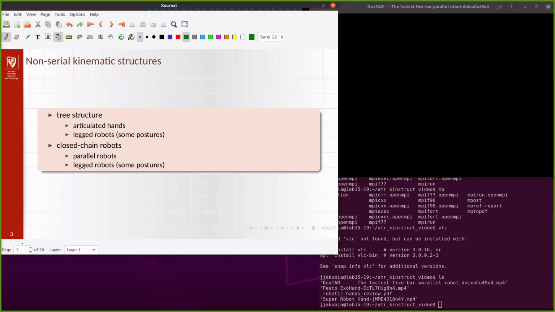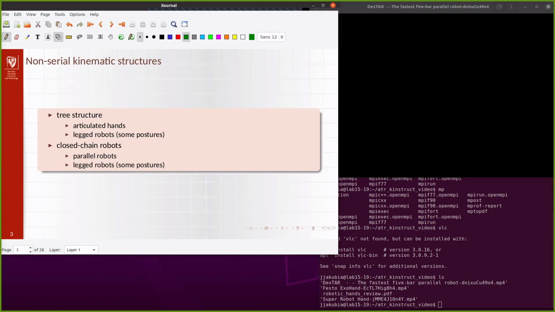But apart from that, we have other types of structures that are non-serial. There we will have joints that are connected in more than one point to other joints or to the ground.